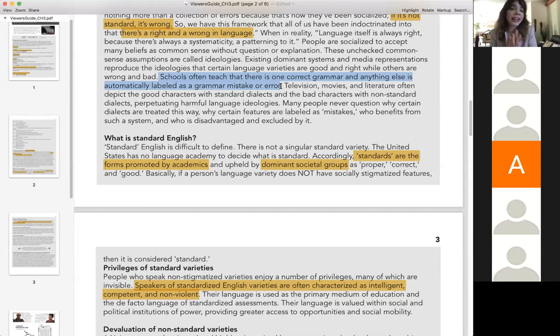But the important thing here that this movie highlights is that just because we have a standard and it has its uses, shouldn't mean that we exclude people or discriminate against people for sounding different to what is represented or what we teach. Okay, so this is the whole idea of this movie. It's not saying that standard English is bad, but rather quite the opposite, that standard English is good.